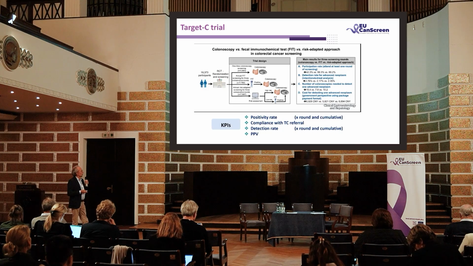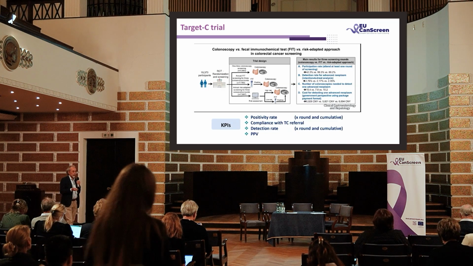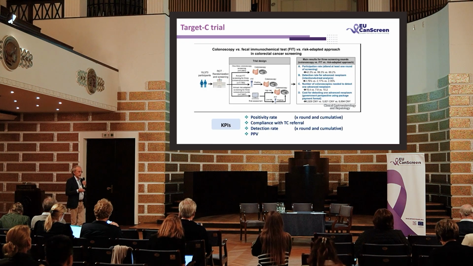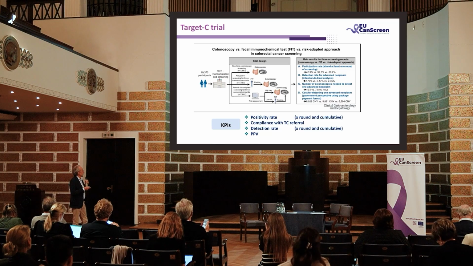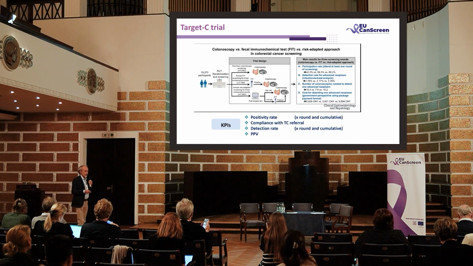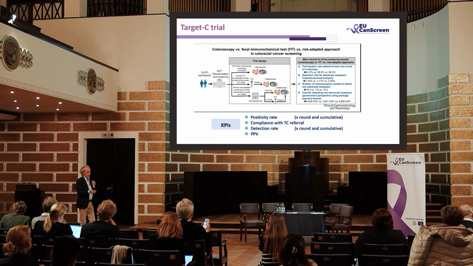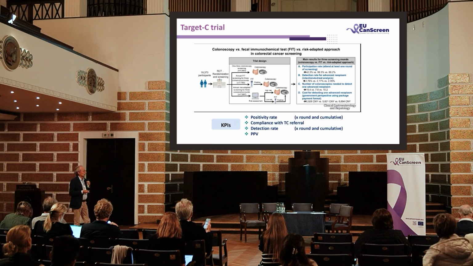The first one was colonoscopy screening, the other one was annual FIT, and the third one was a risk-adapted strategy, where people with high risk according to the score were referred for colonoscopy, while the low-risk people were referred for annual FIT. The colonoscopy group had a lower participation in many cases in this comparison and a higher detection rate.